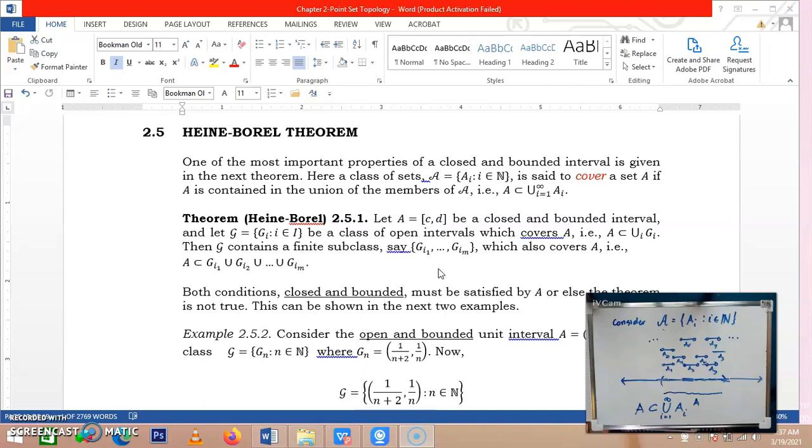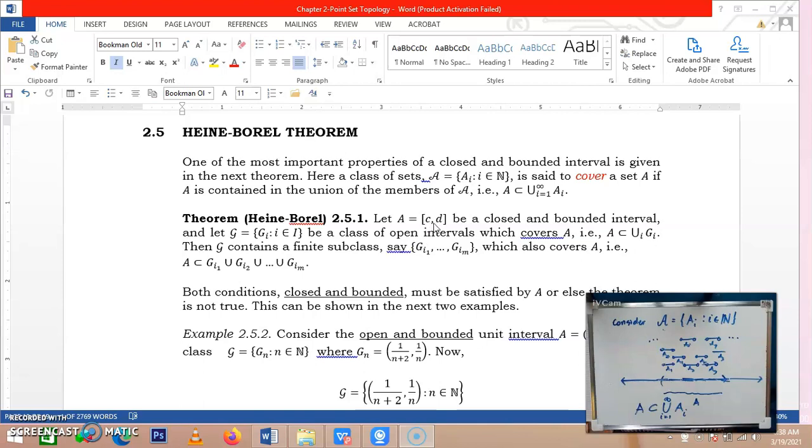Say for example, G sub I sub 1 up to G sub I sub M, which also covers A. So this is the notation for a covering of A. So A is contained in the union of the finite subclass.